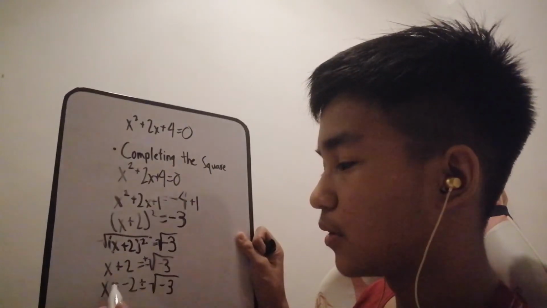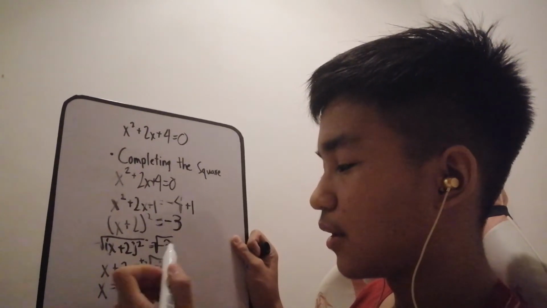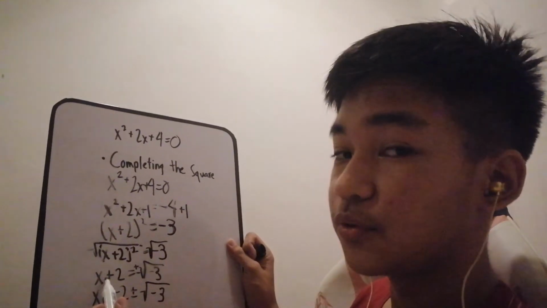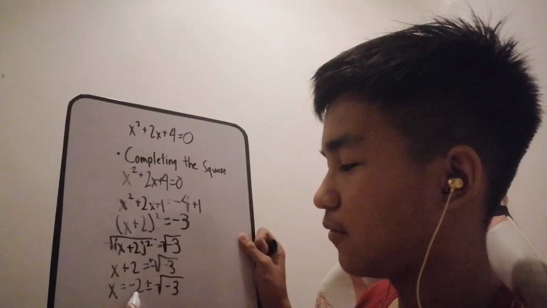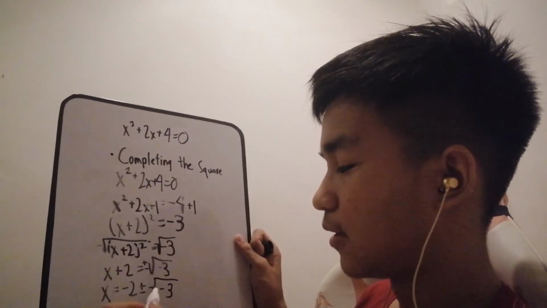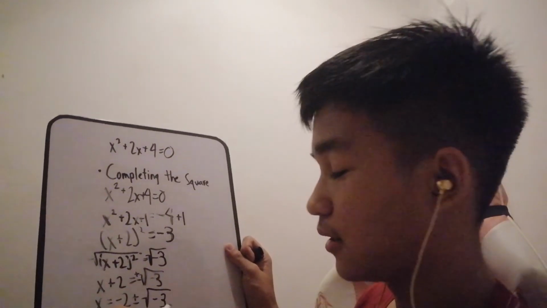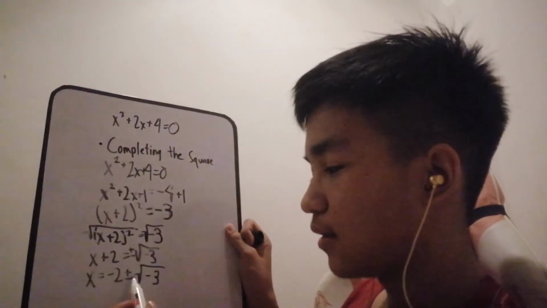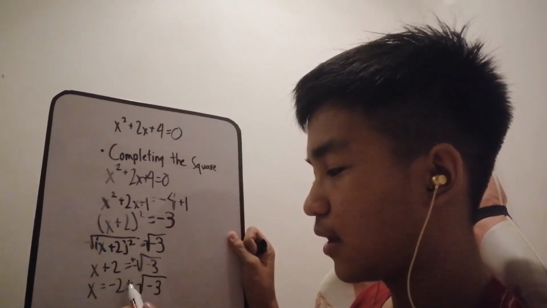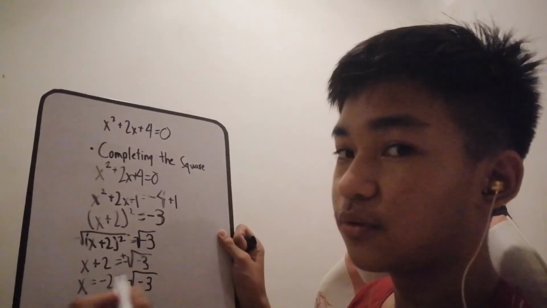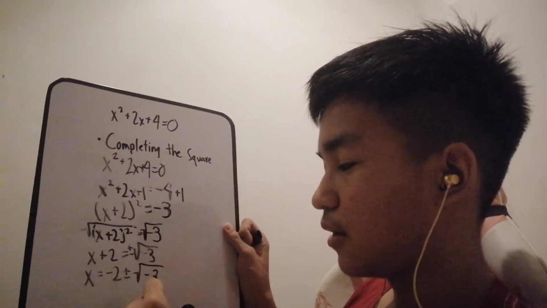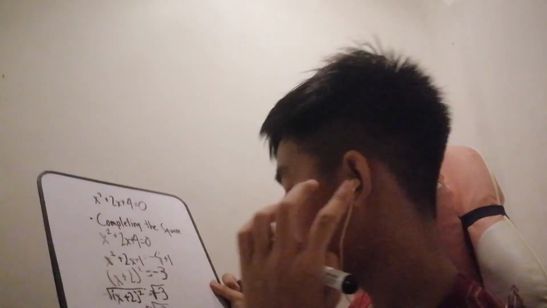And now we will push the positive 2 out. So x is equal to negative 2 positive negative square root of negative 3. Since this has a positive and negative sign, we have to do a double solution. So we will split this.